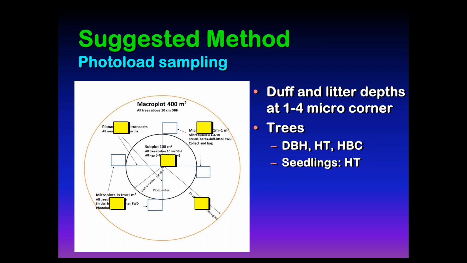I can't really tell you how many macro plots you should use, but once you have the macro plots decided, this is how you should do the underneath. Now, recognize that in order to get the accuracy for photoloads, if you want to use planar intercepts, you would have to put at least 20 50-meter transects in here.